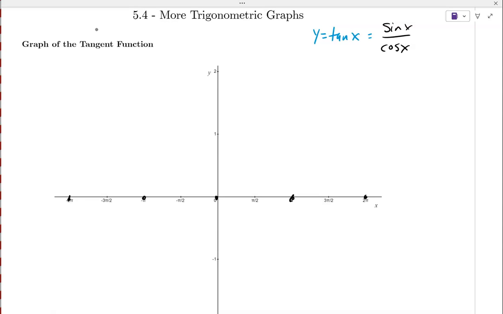Is it a hole that looks like this? Yeah, we have one of those vertical asymptotes, right? That's what the graph of 1 over x looks like. So at all of the odd multiples of pi over 2, we're going to get vertical asymptotes here.